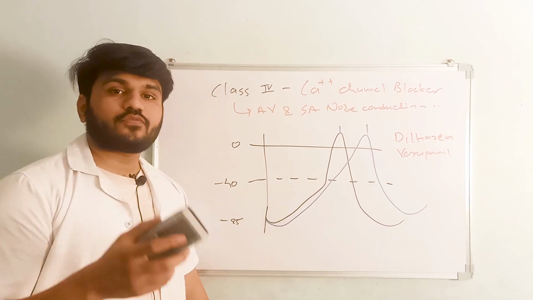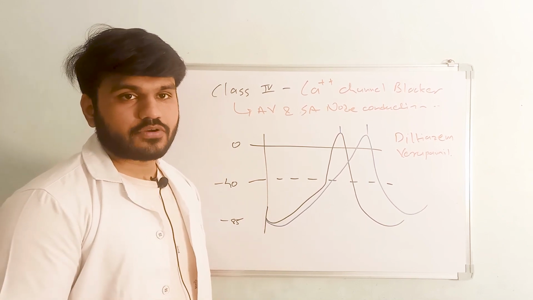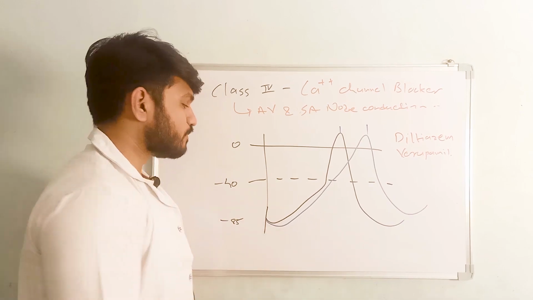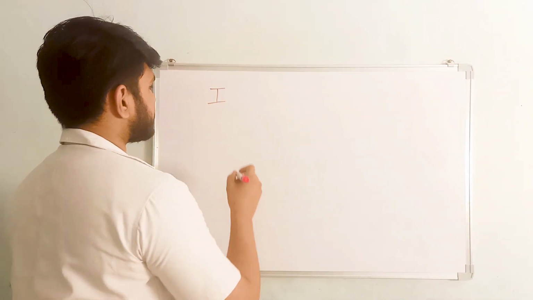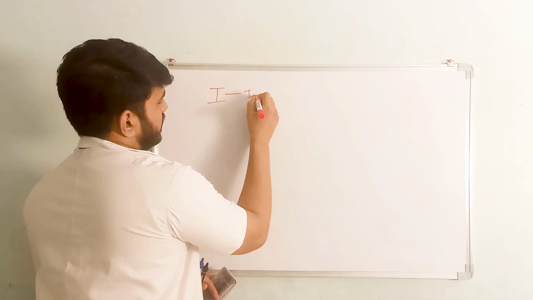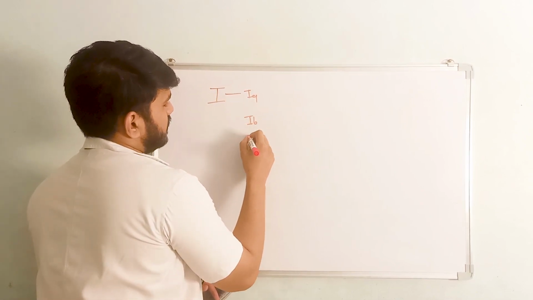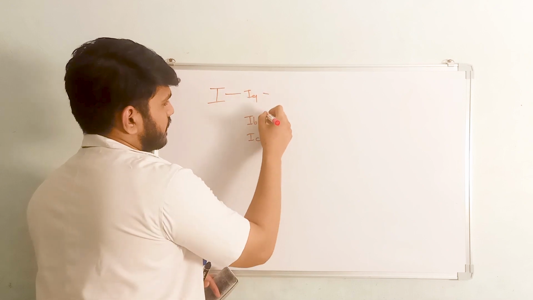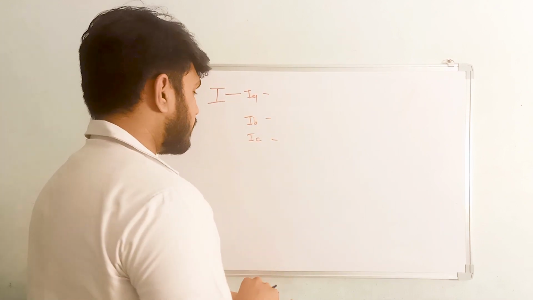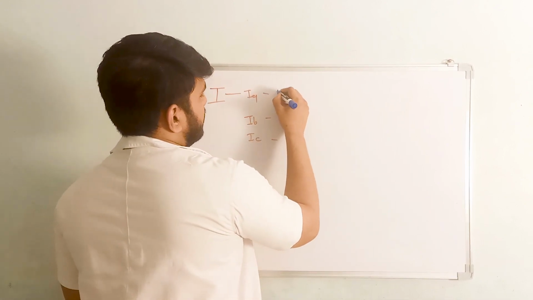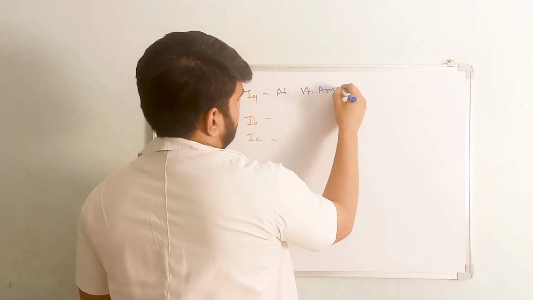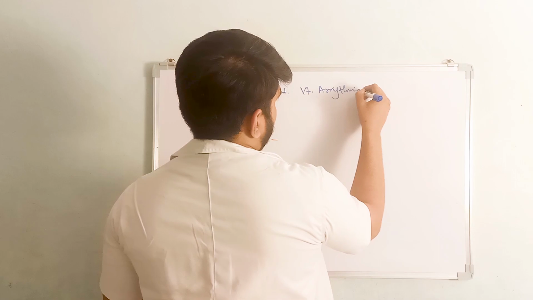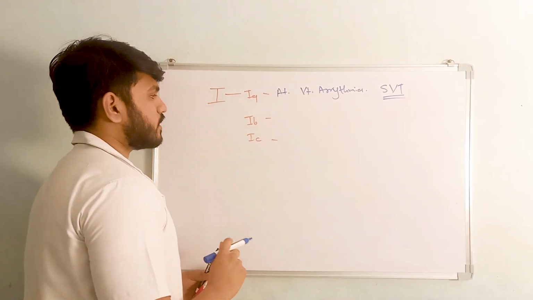So now we are going to see where you can use these antiarrhythmic drugs in your clinical scenario. We are going to start off with class 1 drugs. As all of you know, it has sub-classifications 1A, 1B and 1C. So we are going to see all of that. 1A is used in atrial and ventricular arrhythmias and also in supraventricular tachycardia.